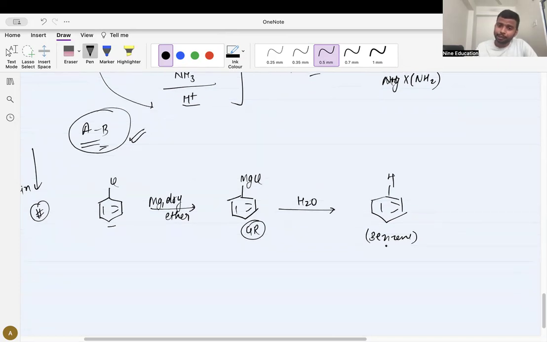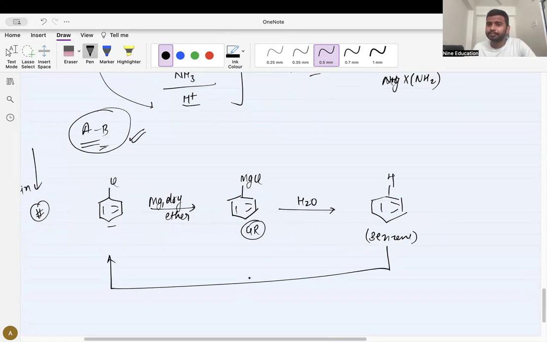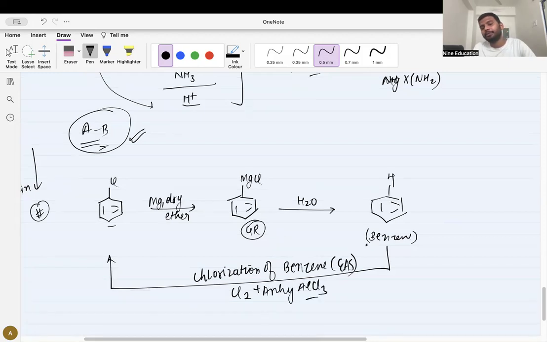See, benzene to chlorobenzene we have learned is which reaction? Chlorination of benzene. We have learned it in electrophilic aromatic substitution, EAS. You have to put chlorine plus anhydrous AlCl3 from benzene to chlorobenzene.